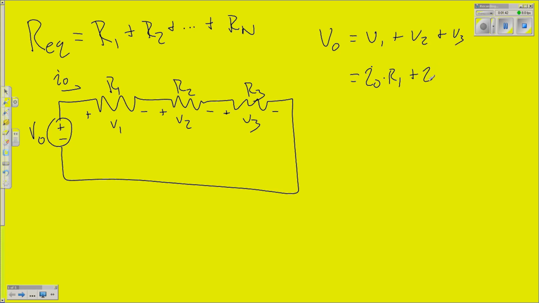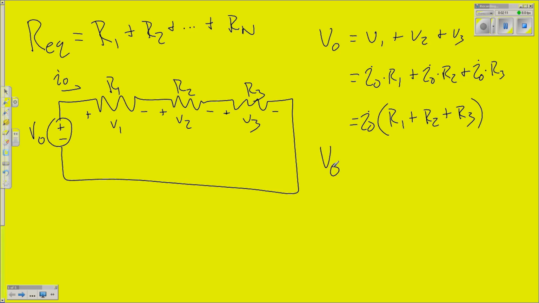V2 is going to be I0 times R2. And V3, I'm sure you've guessed already, I0 times R3. Now all we got to do is use algebra, factor out our current, and we have R1 plus R2 plus R3.